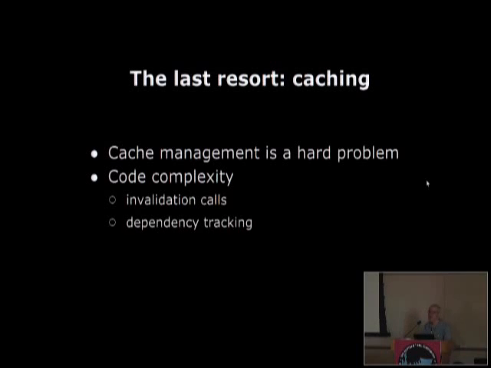And then after that, you quickly get into dependency tracking, where this piece of data is also being used by this other thing, so if we invalidate these, we've got to cascade over and invalidate those. And pretty soon it gets very complicated, and your content creators get really mad at you.